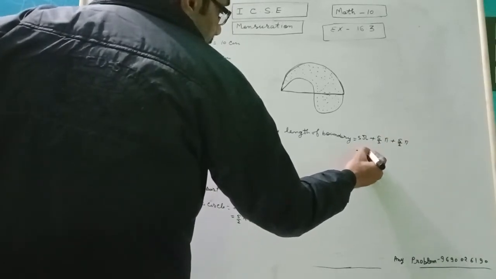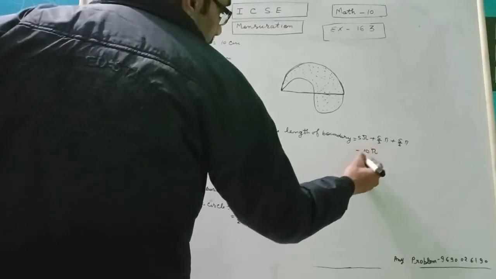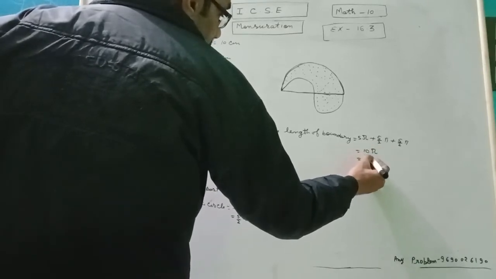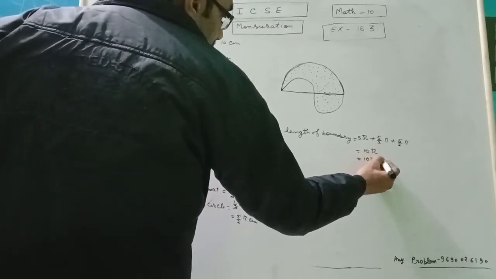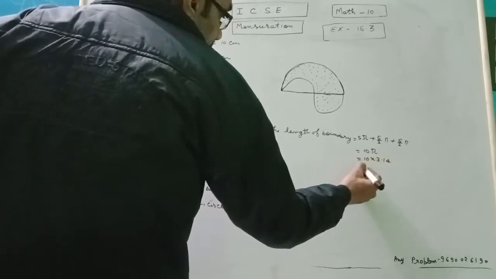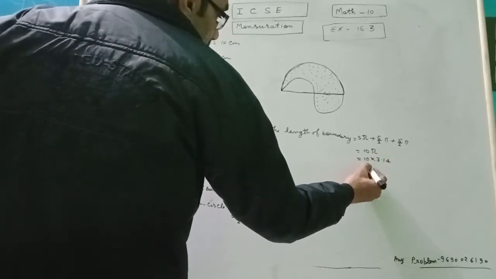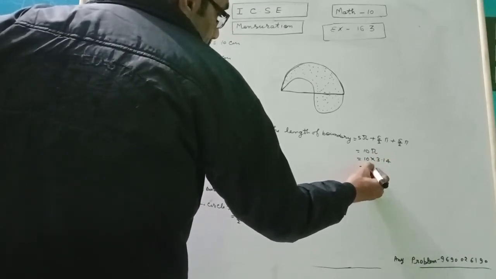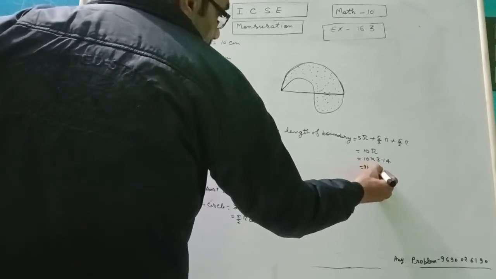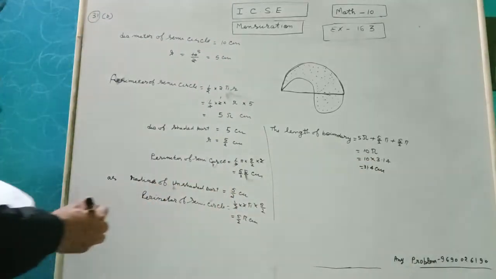Then 10 pi, the value is 3.14. After multiply, 31.4 cm will be the boundary of this added part.